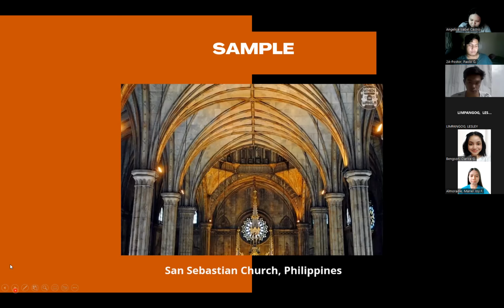Tapos yung mga minor basilicas po, historical po sila, pero hindi po kagaya ng major basilica na mas historical po.